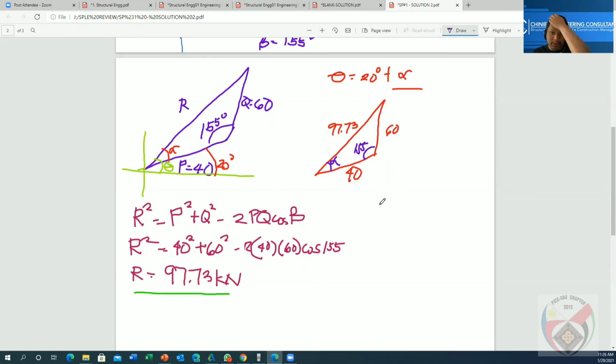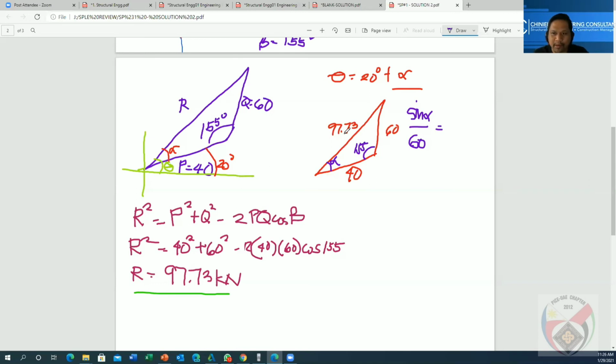So if we're going to use the sine law in solving alpha, ang sine law kasi is the sine of the angle over the opposite side. So if we're going to calculate alpha, sine alpha over the opposite of 60 equals, ang i-equate mo yung merong pares din. So you cannot equate 40 with this unknown.